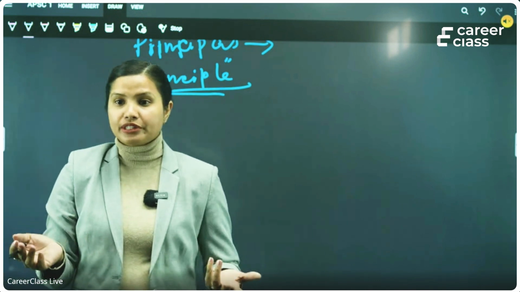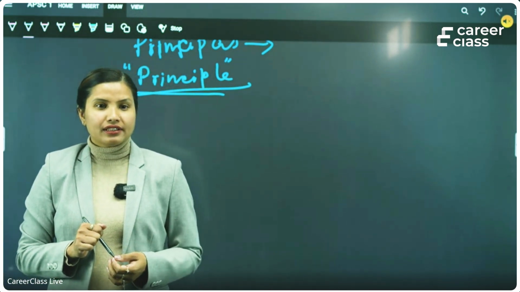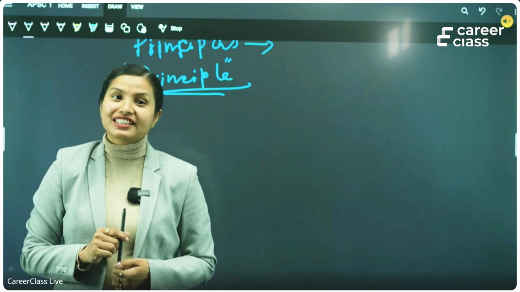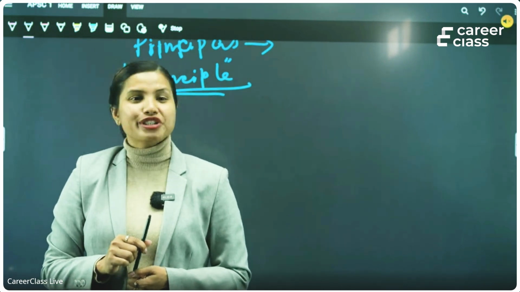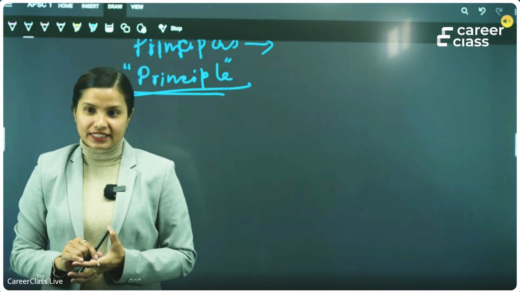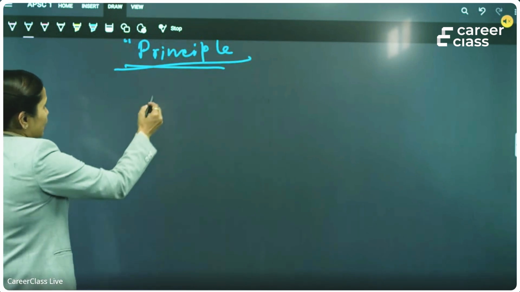Aditya is a man of principles, right? And we have many principles written in the directive principles of state policy. In our constitution, we have directive principles of state policy, right? Any other such words?